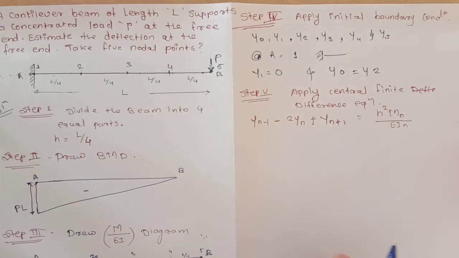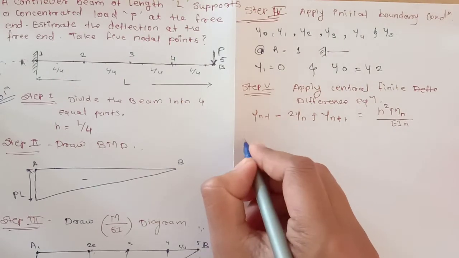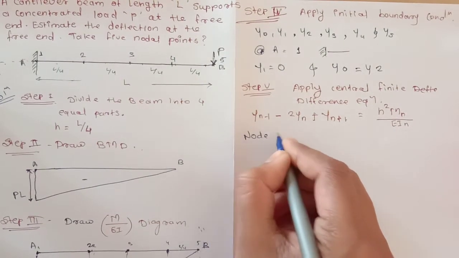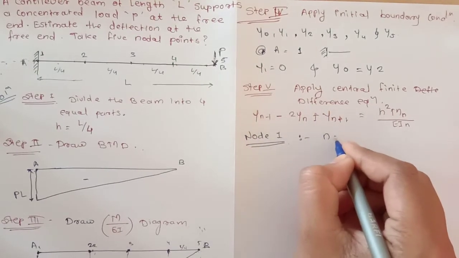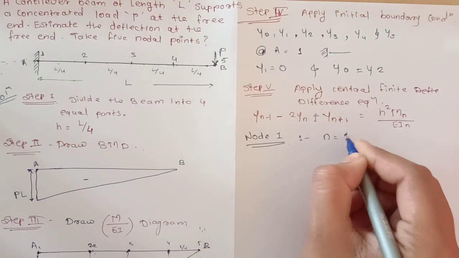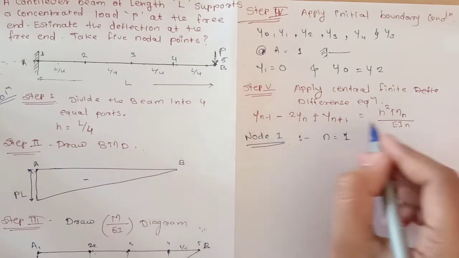First take node point 1, that means n is equal to 1. Put all these values in this equation.